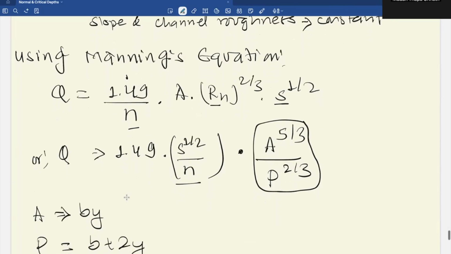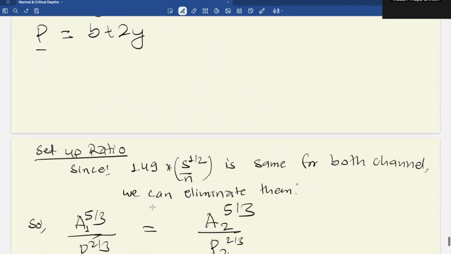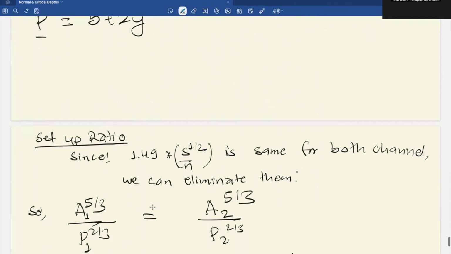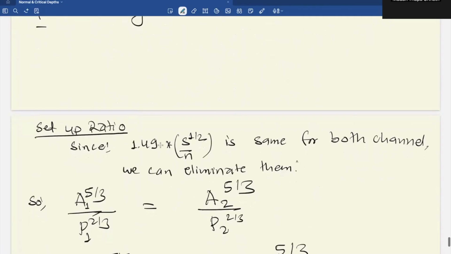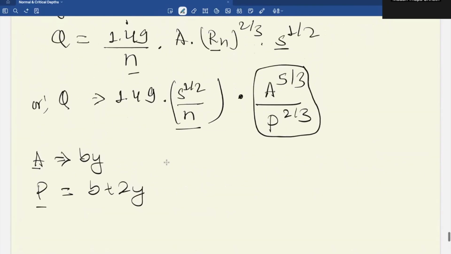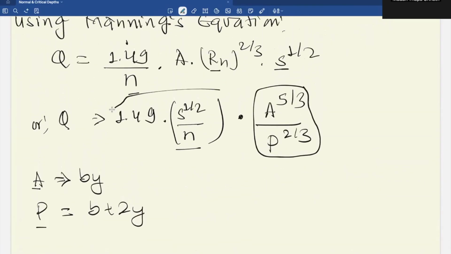Since it is a rectangular channel, area is equal to b times y, P is equal to b plus 2y. Now let us set up the ratio. Since 1.49 times slope to the power 1 by 2 divided by n is the same for both channels, we can eliminate this whole part.